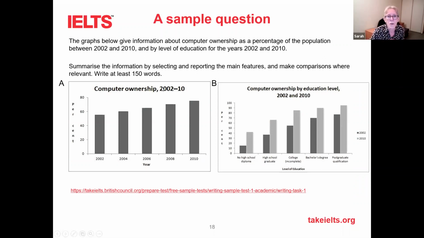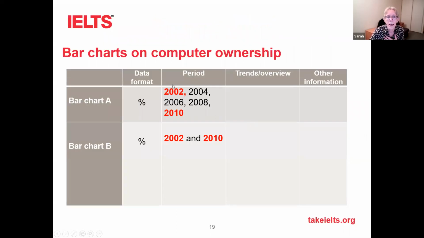So here we've got 2002, 4, 6, 8, 10, and here we've got 2000 and 2010. So again, we put that information so we can see where there is overlap and where we can draw comparisons or contrasts. And then obviously we need to know what the main trend is or what the overview is.